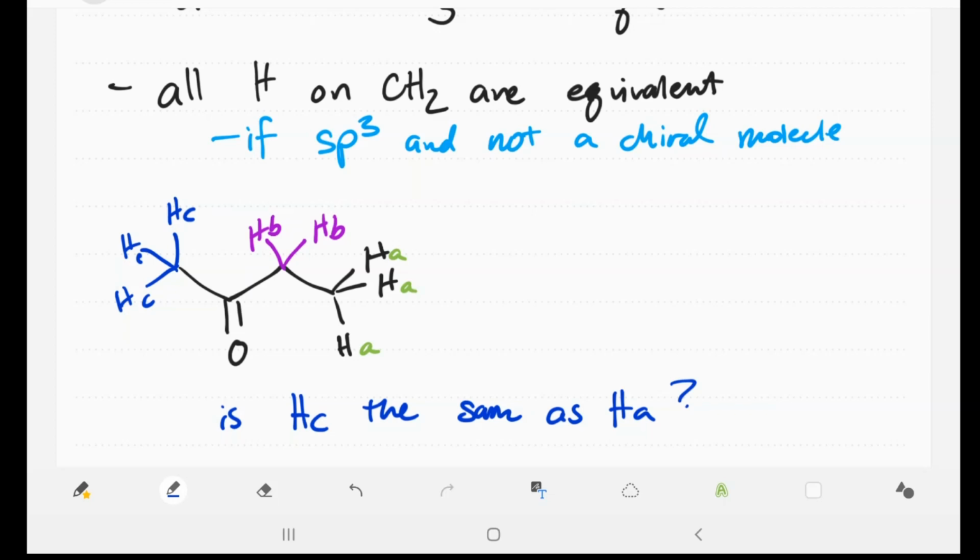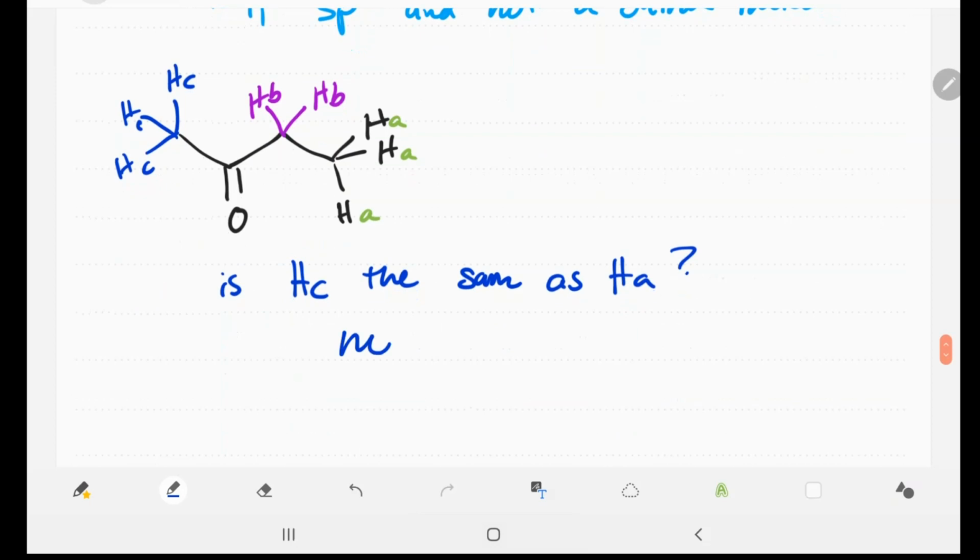And no, they're not. They don't see the same things. HC, they are on a carbon right next to a carbonyl. HA is not on a carbon right next to a carbonyl. So they don't feel the same. They are not the same as each other.